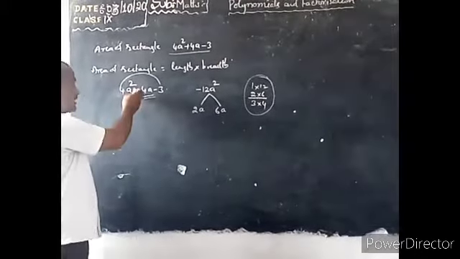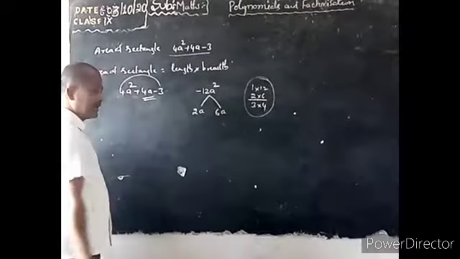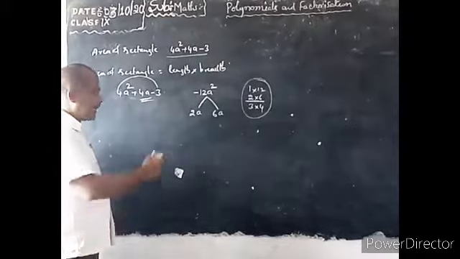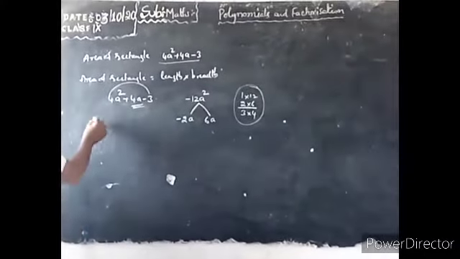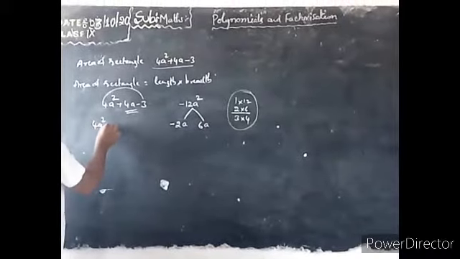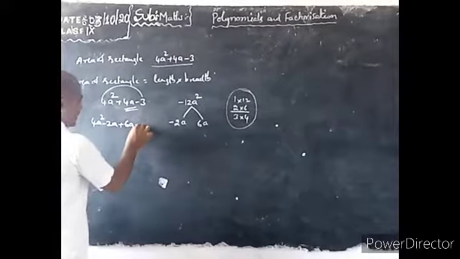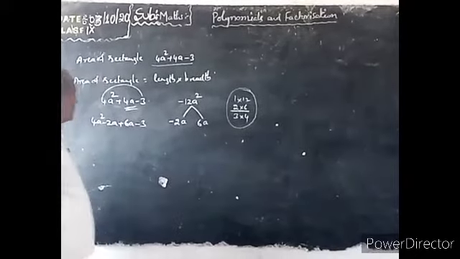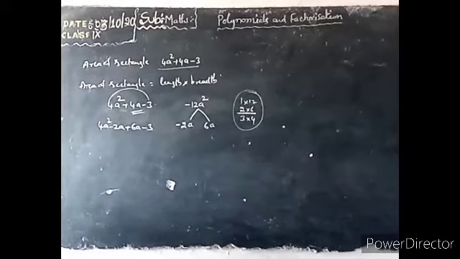If 6a is minus, we get minus 4a by adding, but here we need plus 4a. So the smaller number you should take minus 2a. Now write 4a square minus 2a plus 6a minus 3.